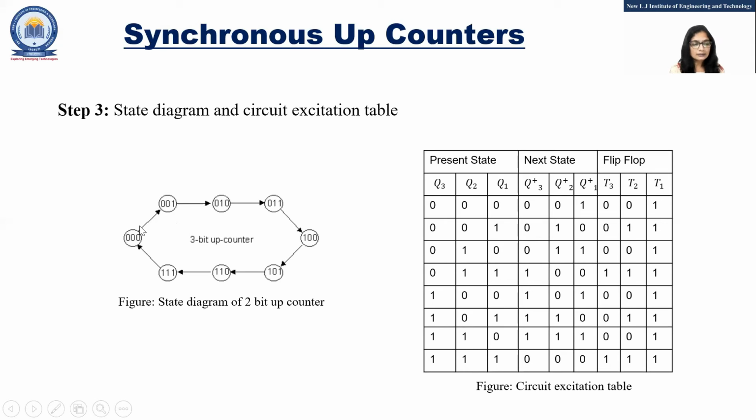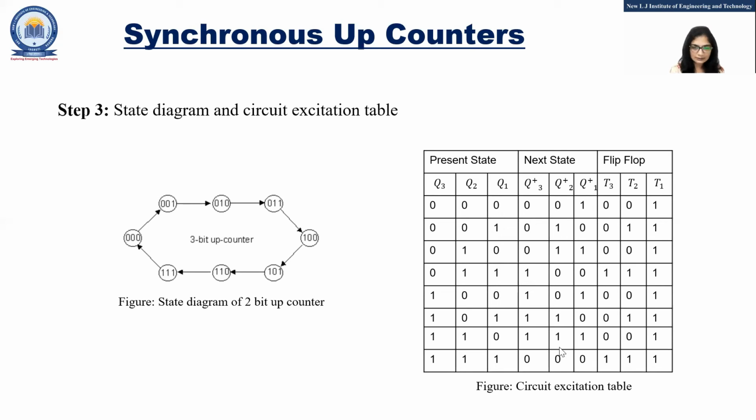In this state diagram, you can see the count will start from 0, 0, 0 and end at 1, 1, 1, meaning 0 to 7: 0, 1, 2, 3, 4, 5, 6, 7. This is an up counter, that's why the arrow is given in the forward direction. The last count is 1, 1, 1. After this count, the flip-flop will reset and start counting from 0, 0, 0.